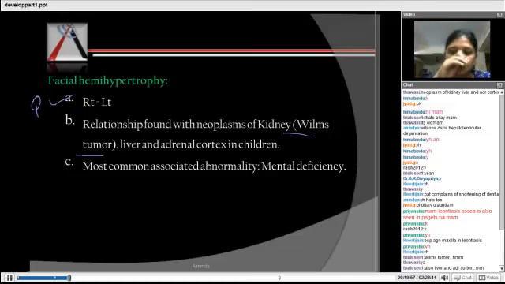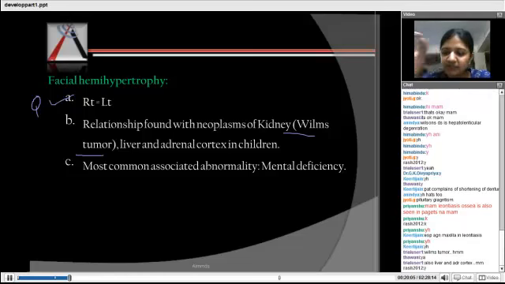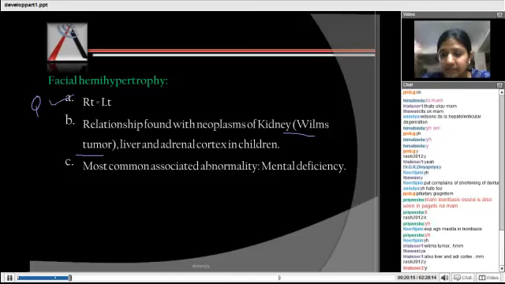For those of you who are new, you would have figured out by now, you don't have to learn by heart every line of Shafer or Neville. When you pick up an important topic, very, very important in oral pathology are the other names, the synonyms of the topic. We will be coming across many other names, that's important. So concentrate on that, highlight those. You will have the names in brackets just below the main name.